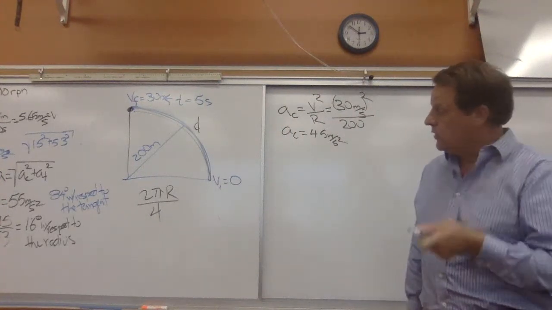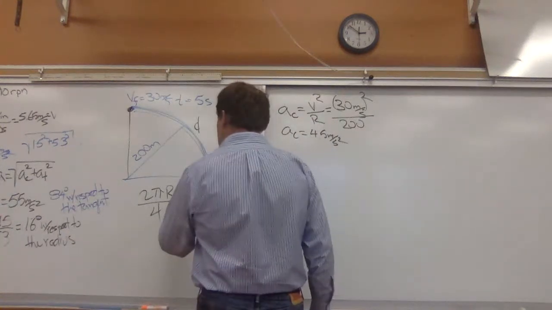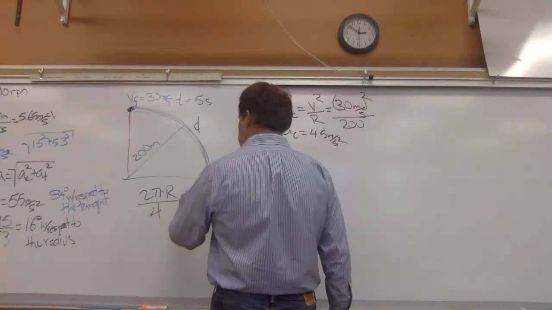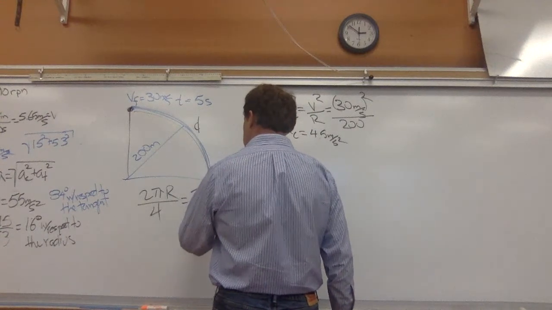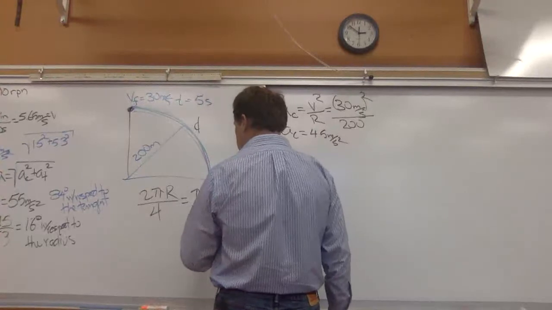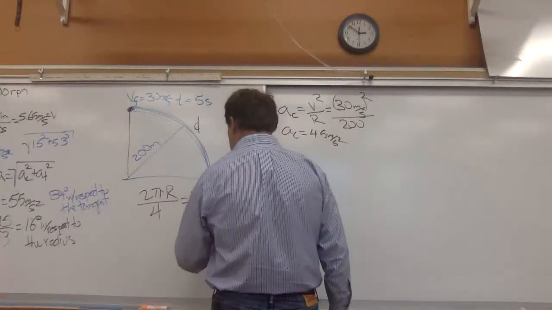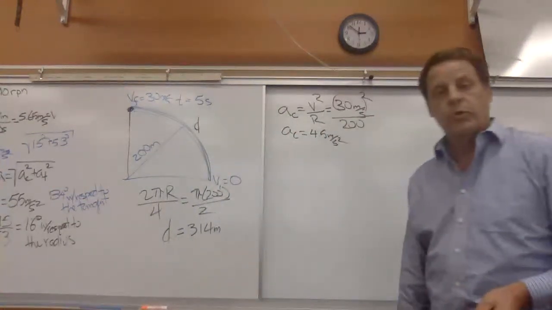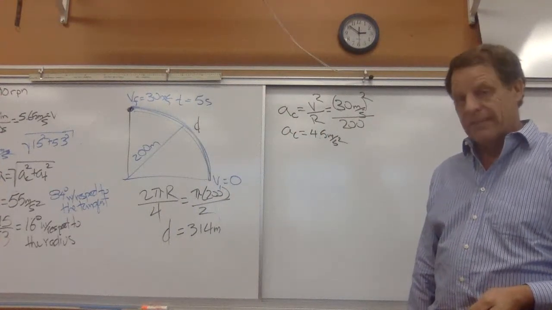So that is going to be equal to pi times 200 divided by 2, which would be 314 meters, which would be our distance.